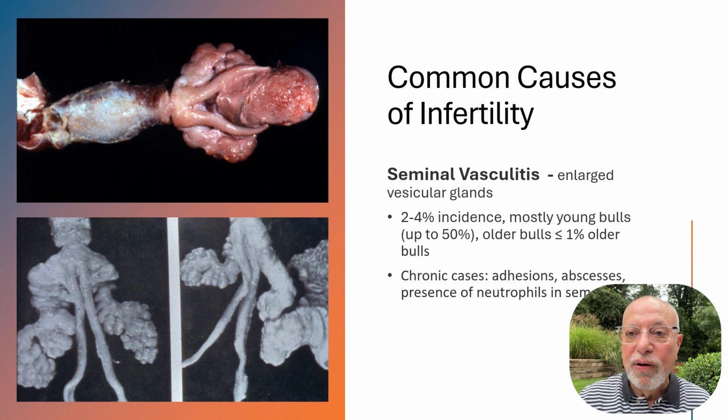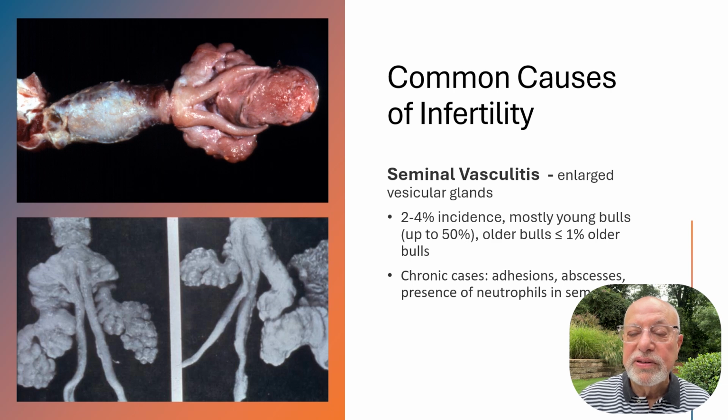In a normal bull, I am able to move those seminal vesicles, whereas when they get vesiculitis or inflammation, they're hard to move. In some chronic cases, they're very hard. And if there are some attachments or adhesions and things like that, it's even worse. So this is a condition which can be identified on rectal palpation.